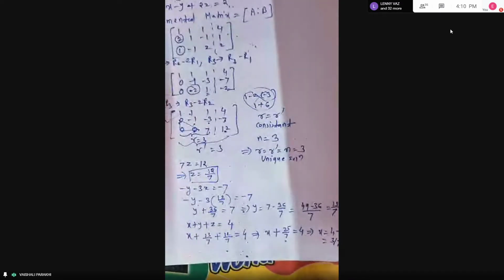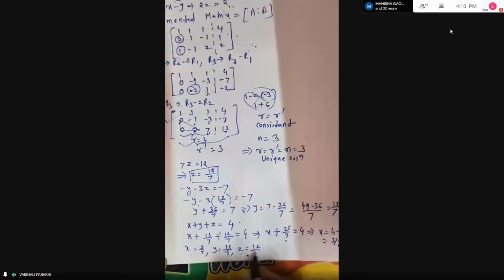And in this way you got unique values: x is equal to 3 by 7, y is equal to 13 by 7, and z is equal to 12 by 7. So this is called the unique solution, the single value of x, y and z. And this is the solution of your system of equations with the help of matrices.